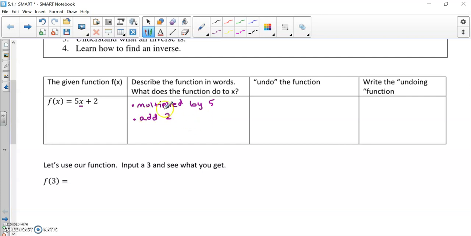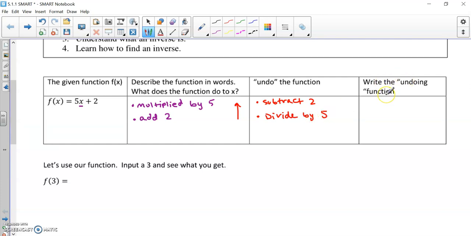So here, if my last step was to add 2, my first step is going to be to do the opposite of adding 2, which is subtracting 2. And then multiplying by 5, the opposite of that would be dividing by 5.